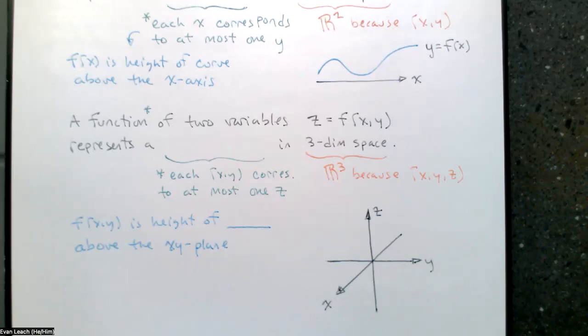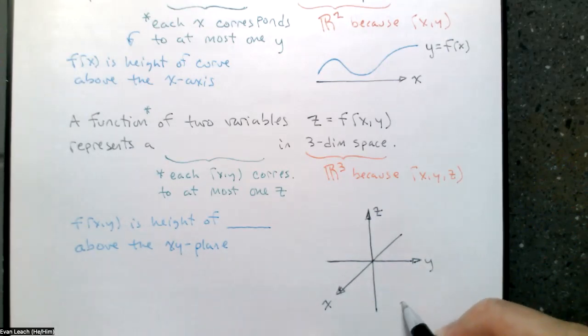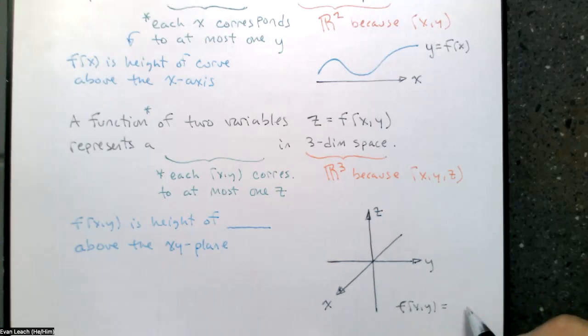Now, rather than draw some funky curvy thing like we did for functions, I'm going to pick something super simple. I'm going to say, what if we had the function at every point f of xy, we just get the value 2.